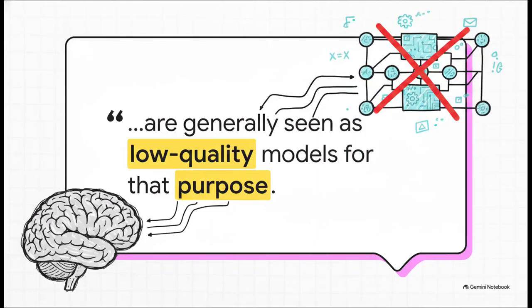In fact, researchers emphasize a pretty fascinating irony about this divide. If a neuroscientist actually tried to use today's advanced AI to understand true biological brain function, well, it's generally seen as a remarkably low-quality model for that job. They are mathematical powerhouses, for sure, but they make terrible biological replicas.